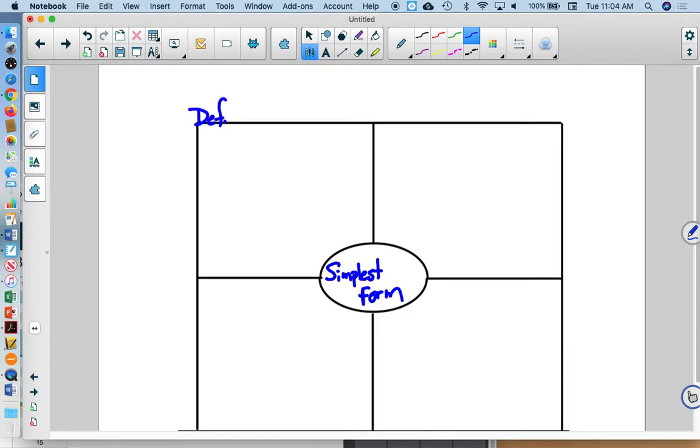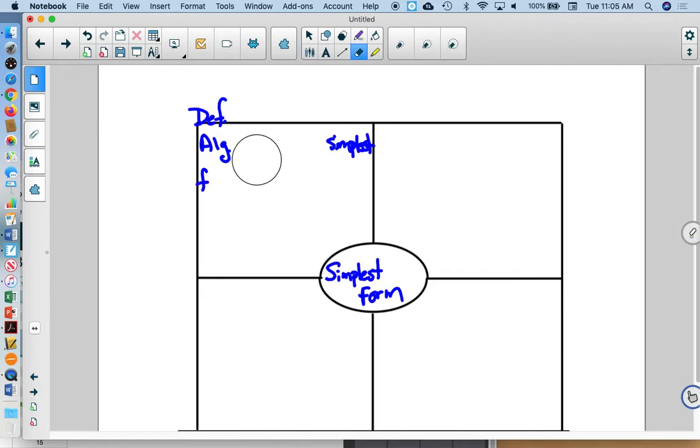Looking at the definition: an algebraic expression is in simplest form when it has no like terms and no parentheses. Are my abbreviations messing with you? No.